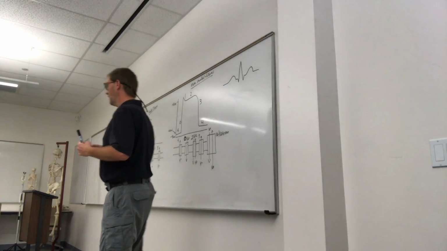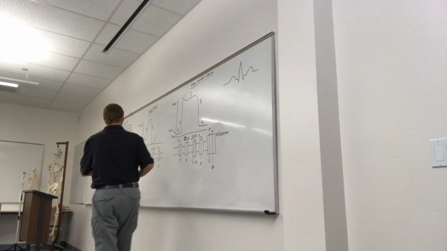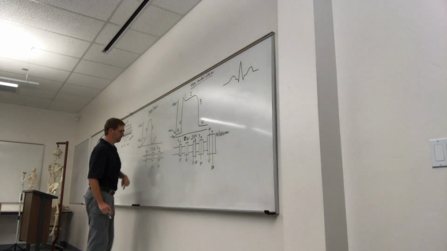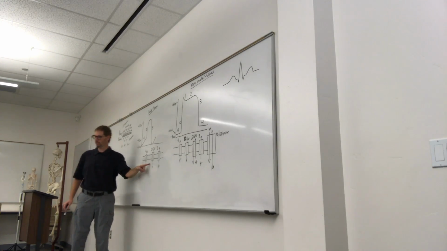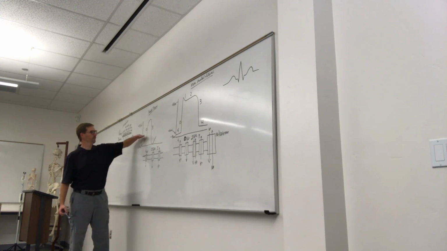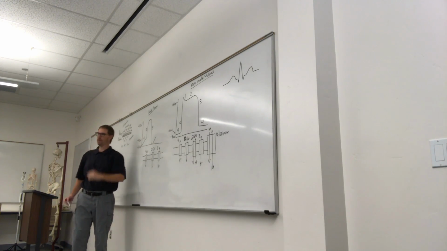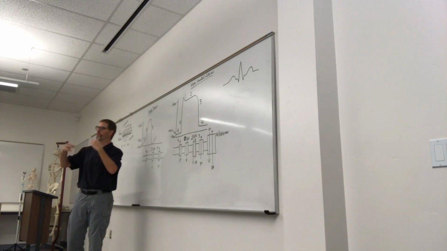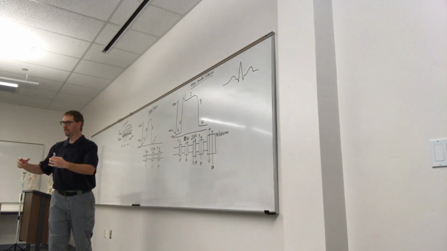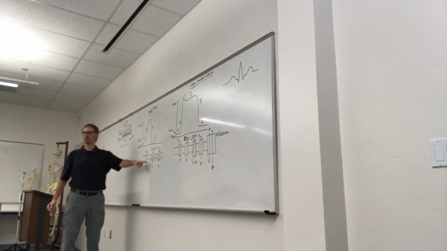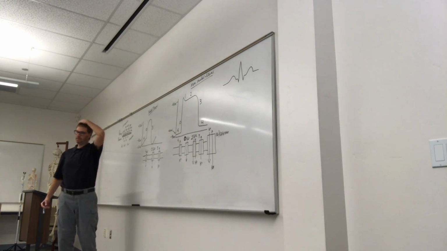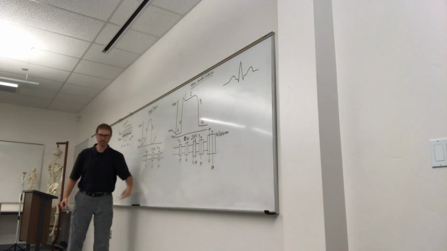And in the case of the nodal tissues, these are calcium channels. And once that threshold potential is met, after the slow leak of sodium in, then the calcium channels all open up very quickly, and calcium rushes into the cell.